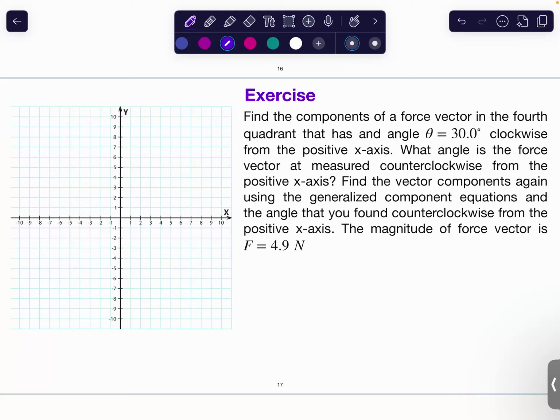Okay, so let's start looking at this. Our vector is in the fourth quadrant. First of all, the problem just straight tells us that.